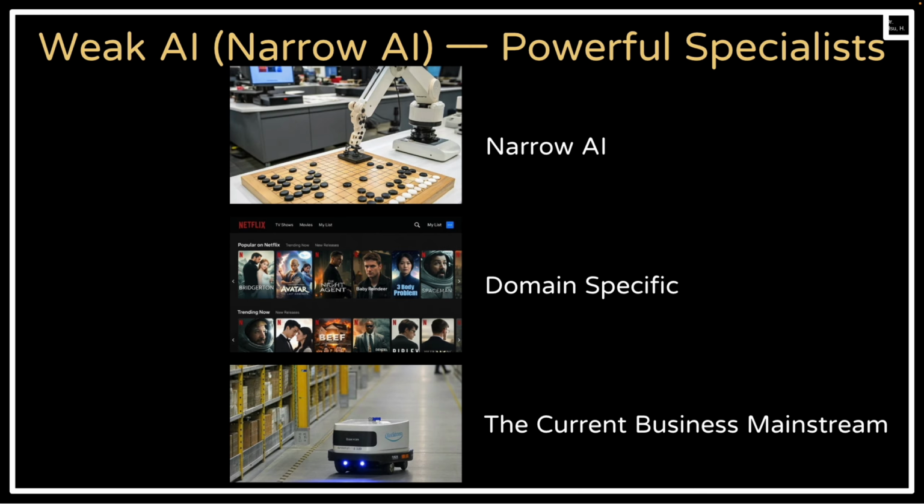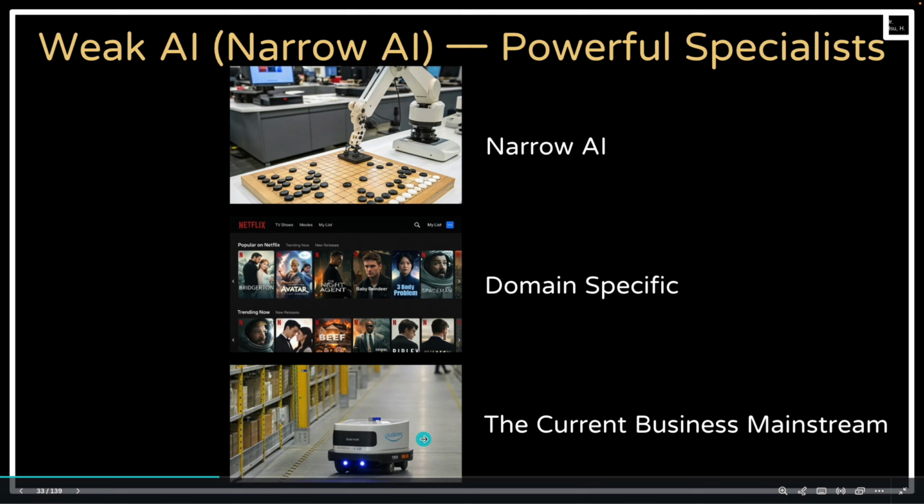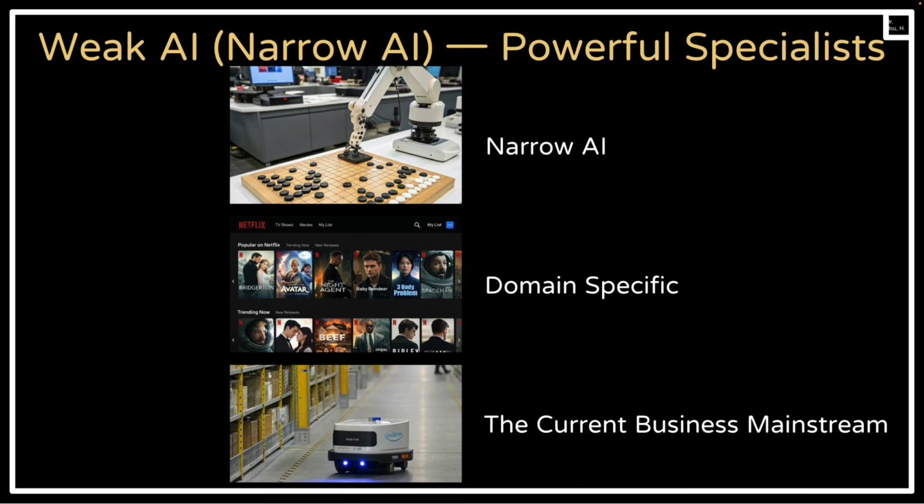So let's talk about weak AI first. Please look carefully at the images on this slide. At the top, you see an AI assistant playing Gomoku. In the middle, you see a recommendation interface like Netflix. At the bottom, you see a warehouse robot.